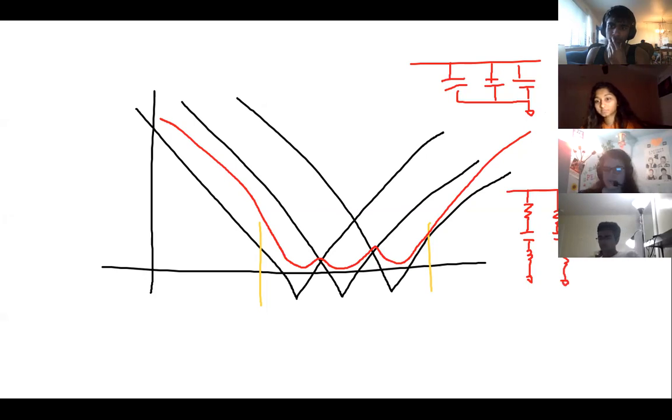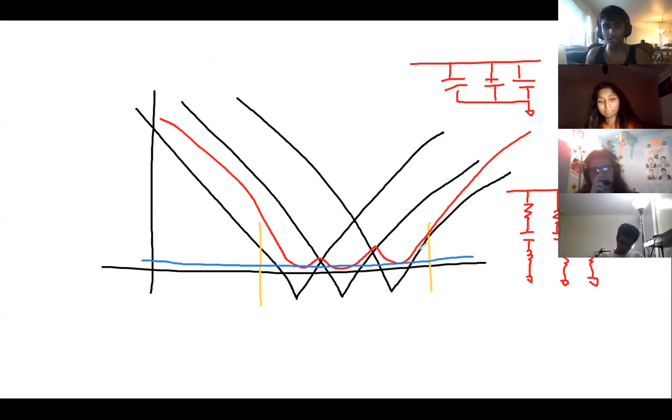We want to minimize ESR because R, the constant value, is the limiting factor on this axis. If our ESR is big, like the parallel sum of this and this is pretty big, then all of a sudden the minimum impedance you could even achieve is way higher. I see.